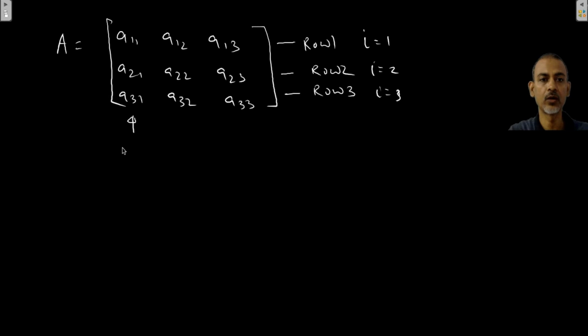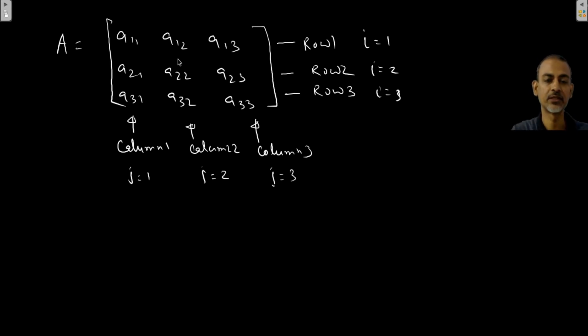Similarly, this will be my column 1, column 2, and column 3, and we call it j equals 1, j equals 2, and j equals 3. This is a matrix, and we could have easily written it as Aij, of order 3 by 3.